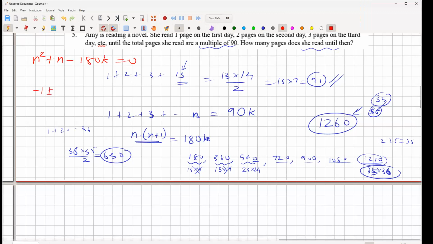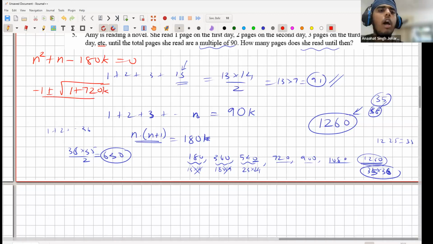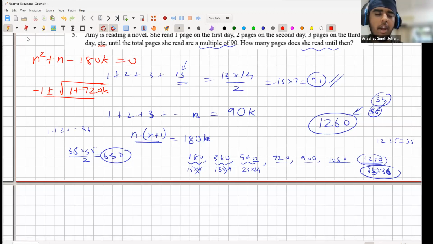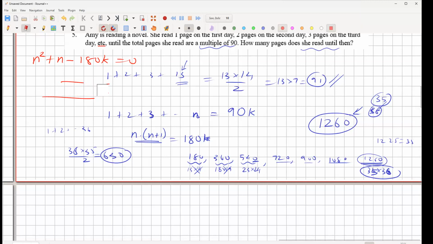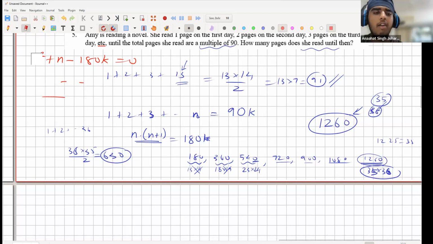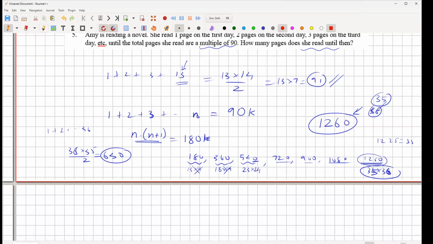To solve this quadratic, you'll need 4AC to be a number like 720k, and then you'll have to go through each k. I did the same, multiplying two things until I got two numbers that give me 180k. That's how I got to 1260. But when I factored it, I just took the positive value. So I messed up on the 36. Understood.